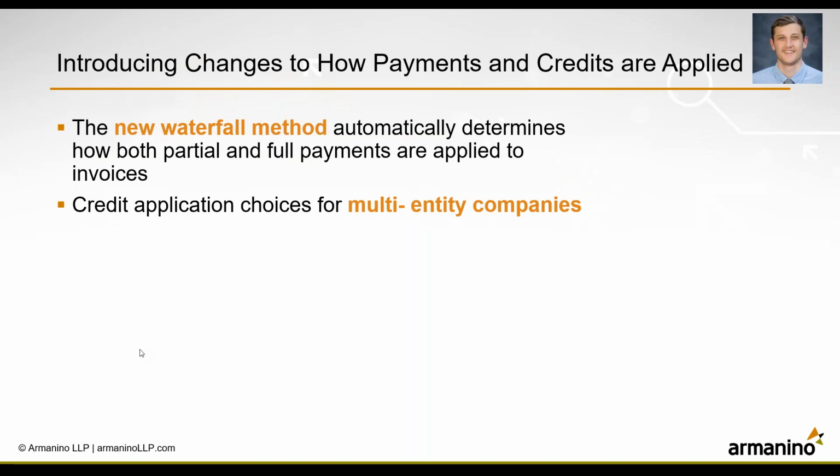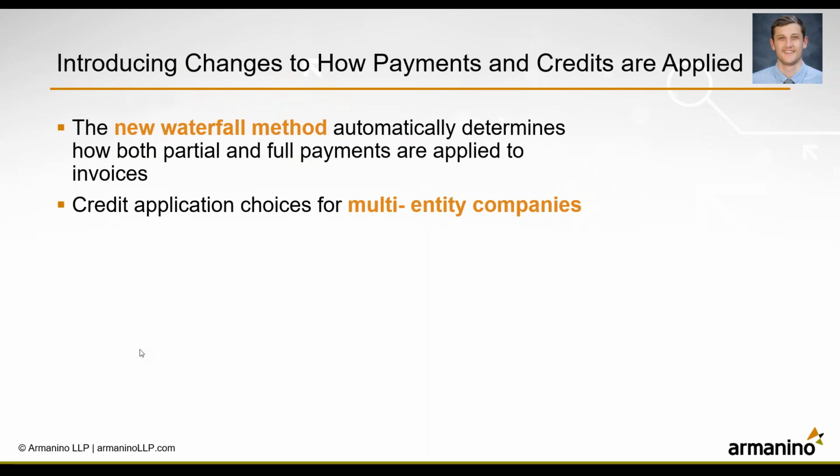So if you had a partial that only consumed $200 of a $400 line, that would remove the $200 there. And then when your next partial payment would be applied, it would start from that line to consume the rest. And then you also have some credit application choices for multi-entity companies. So there's two things to note here.